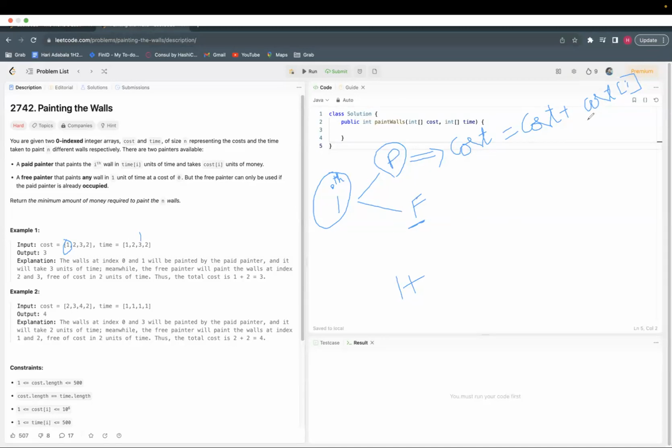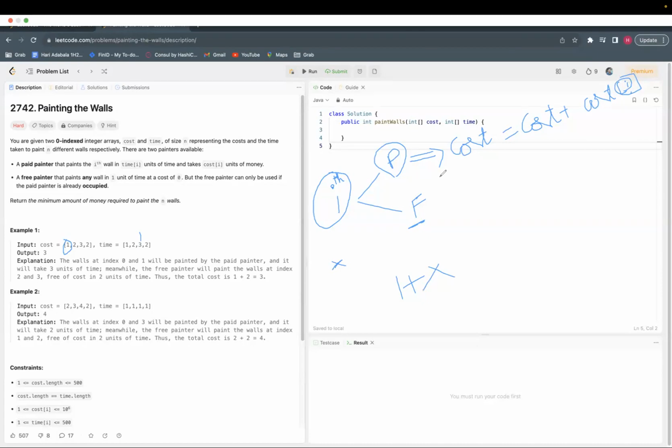Let's say to paint this ith index wall the paid painter takes X amount of time. The free painter will only take 1 unit of time for painting any wall, so he will paint X number of walls in this time, this free painter.